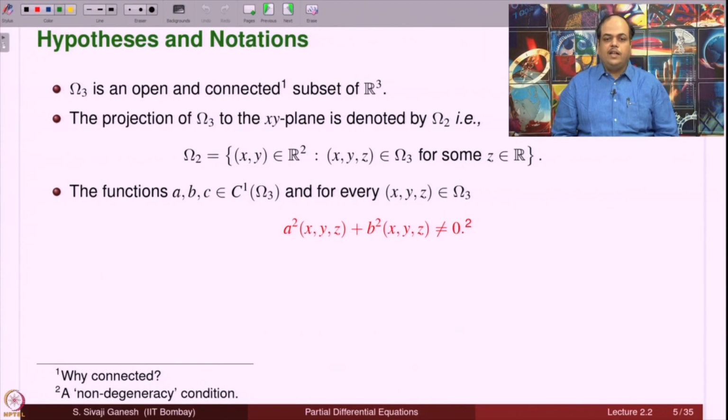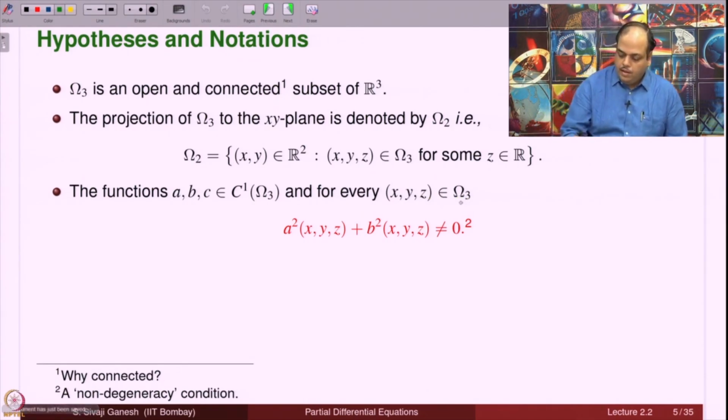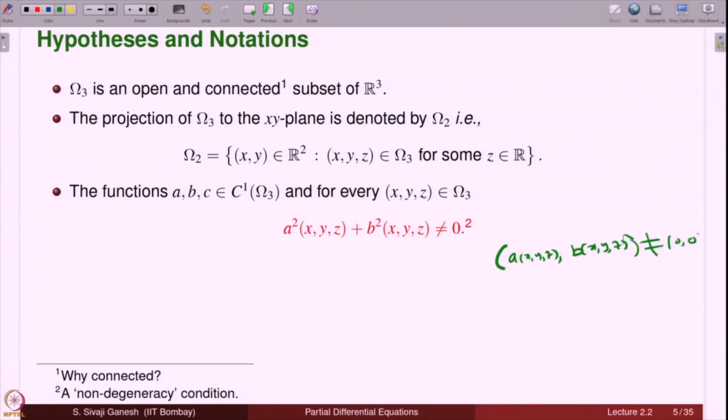And we need this non-degeneracy assumption, which says that at any point (x, y, z) in omega 3, at least one of the two functions a and b should be non-zero. A way to express that is a squared plus b squared is not equal to 0 at every point (x, y, z). Another way to write the same thing would be this: (a(x,y,z), b(x,y,z)) is not equal to (0, 0).